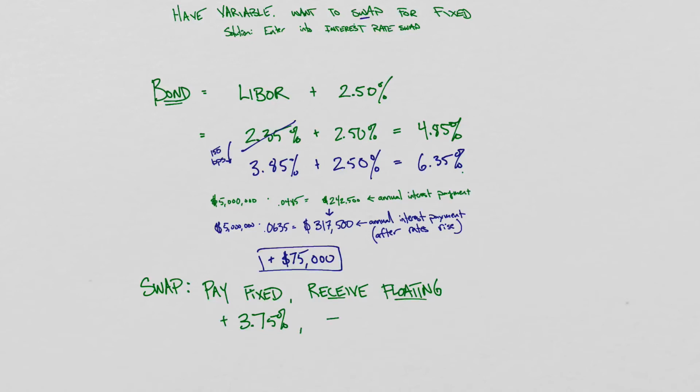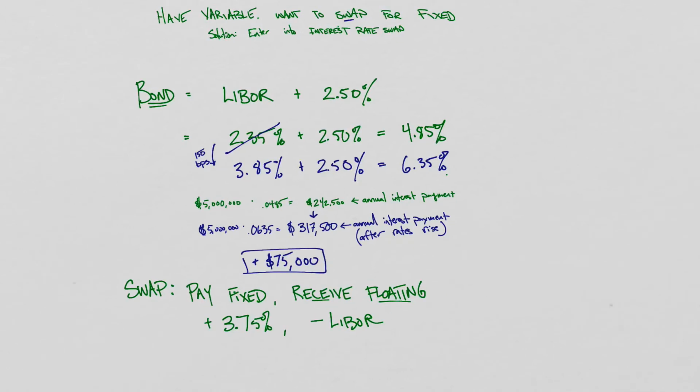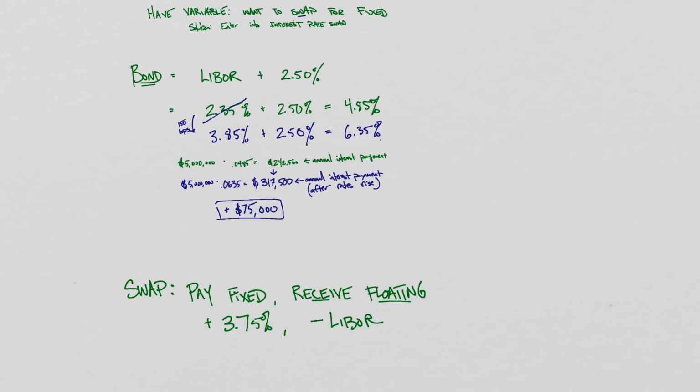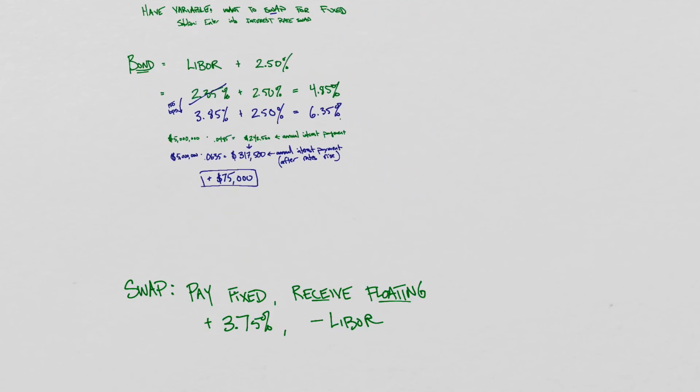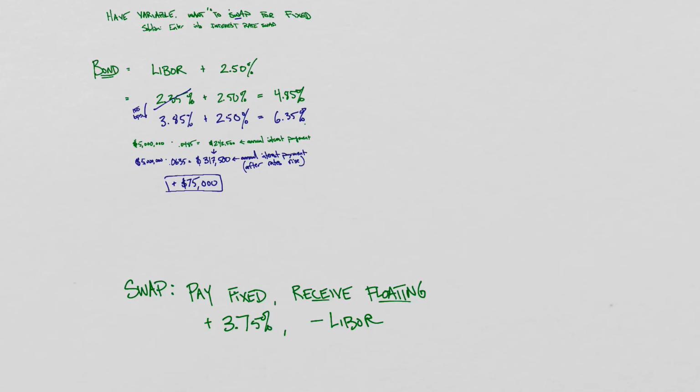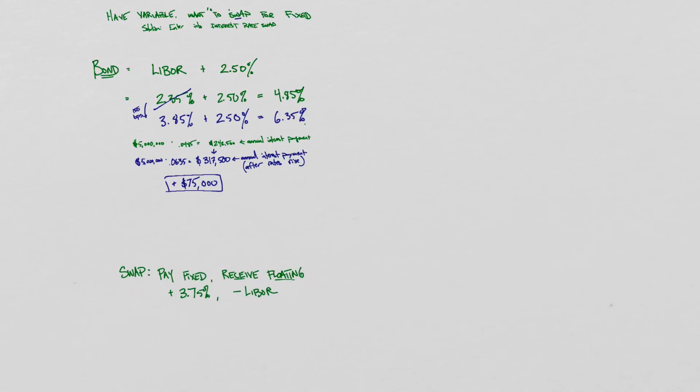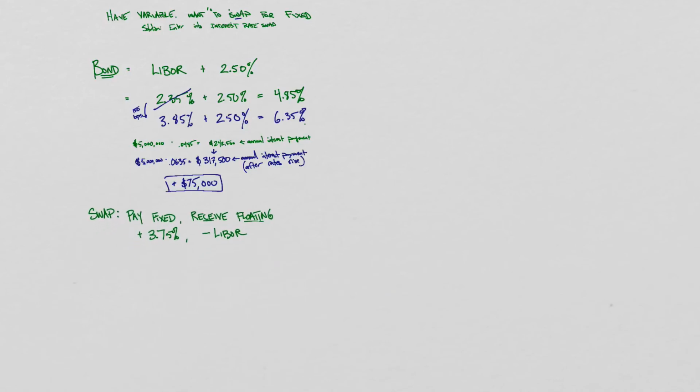But if we look at the swap component, what we pay on the swap is a fixed rate, and we don't have any credit risk premium as part of the swap, but we receive LIBOR.